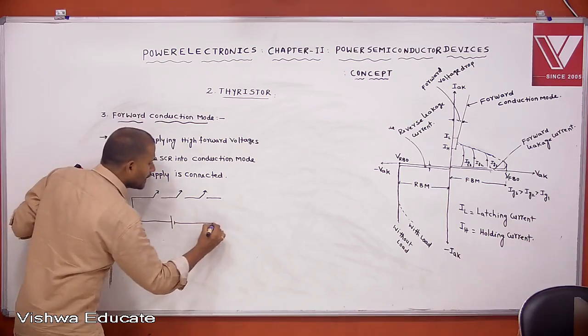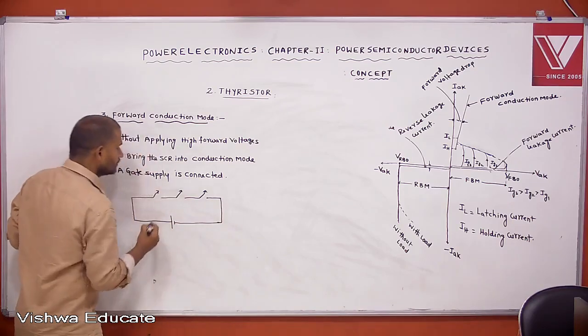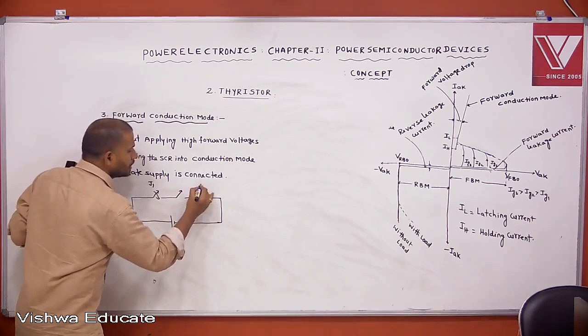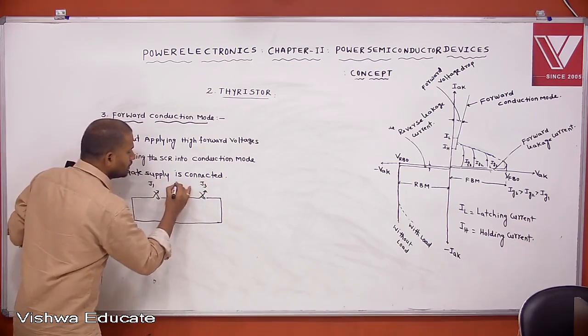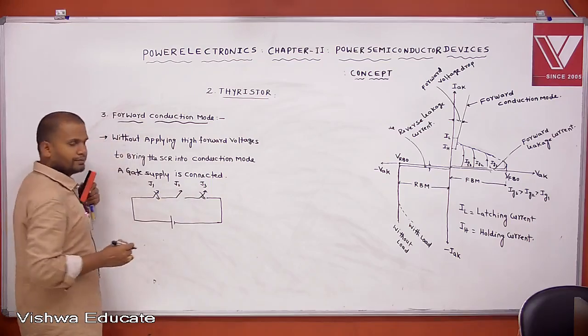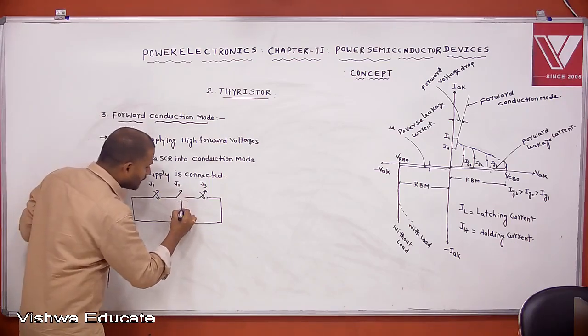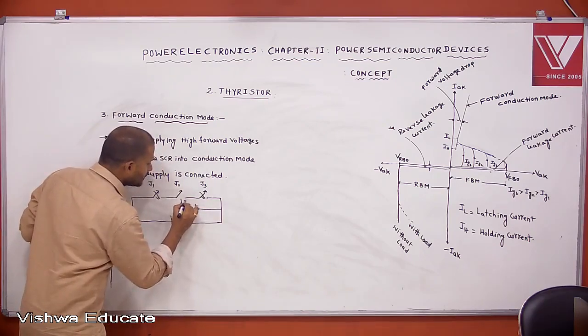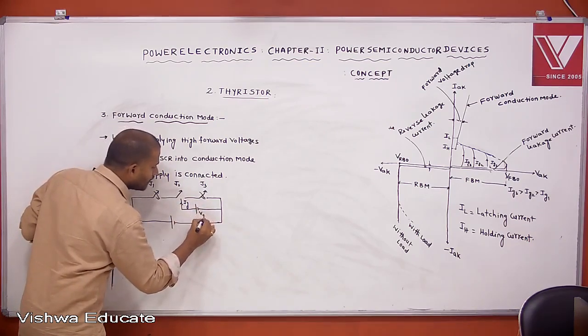The SCR is already under forward blocking mode. J1 is closed, J3 is closed, J2 is open. Here we are connecting the gate supply. This current is IC. This current is AC.